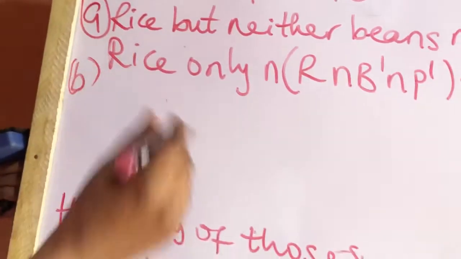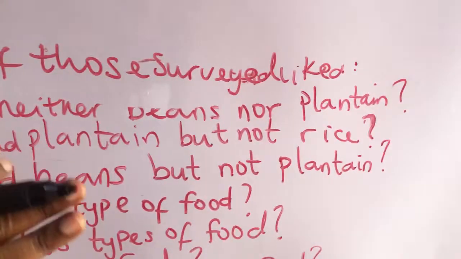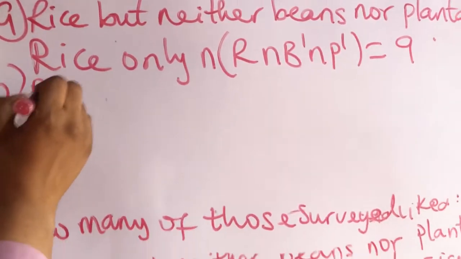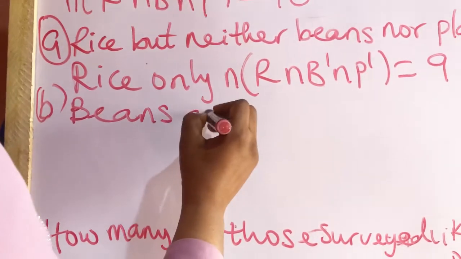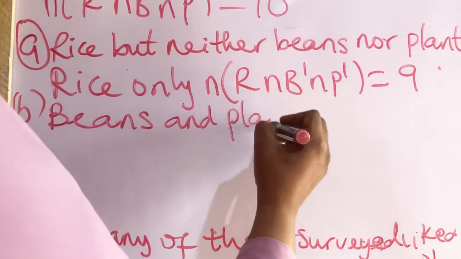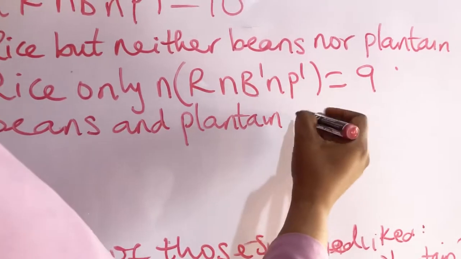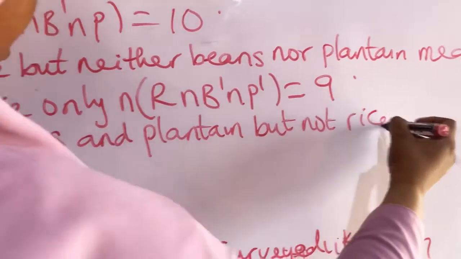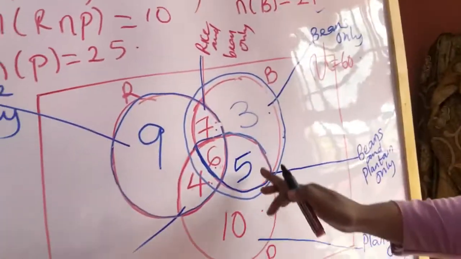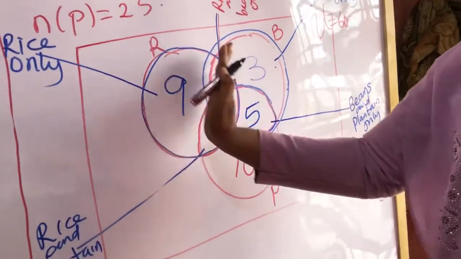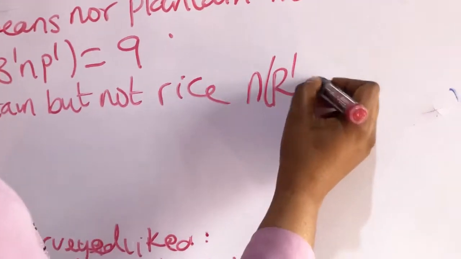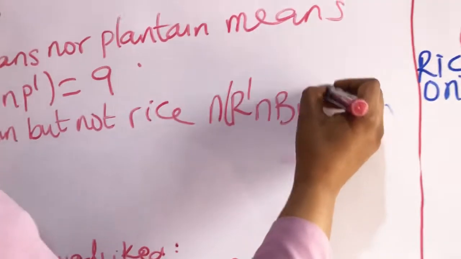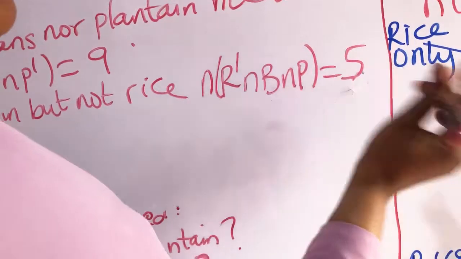B, beans and plantain but not rice. Here is beans and plantain but not rice. So the cardinality of R prime intersect B intersect P is equal to 5.